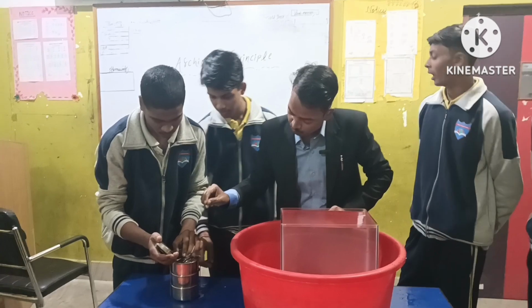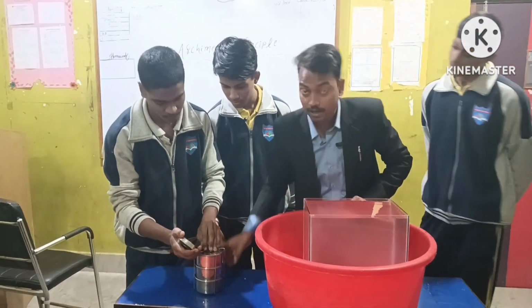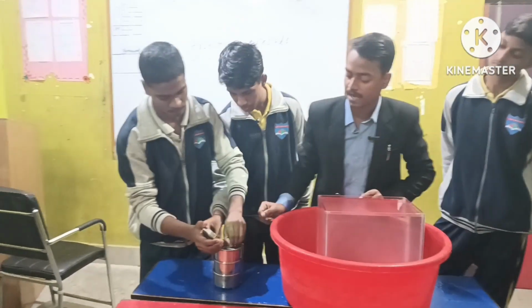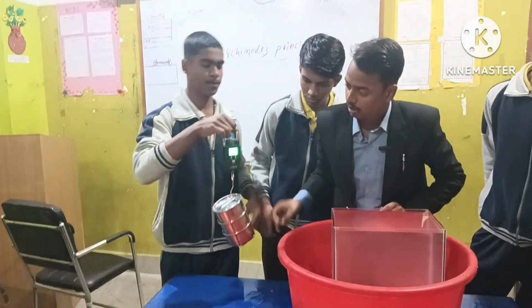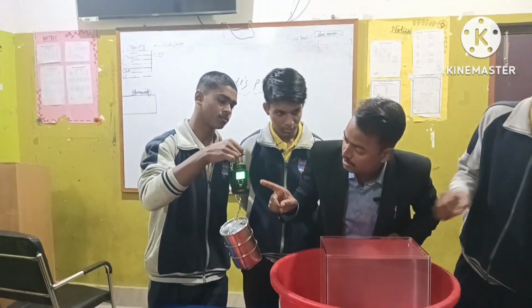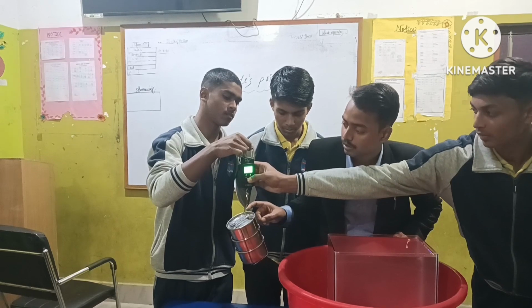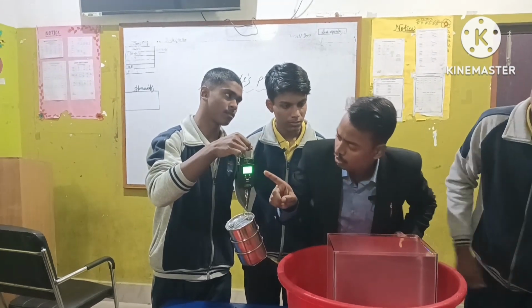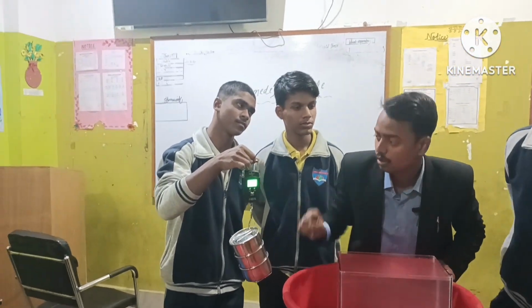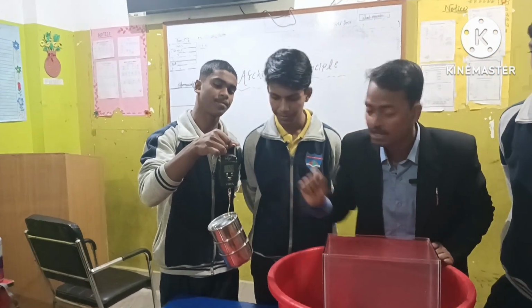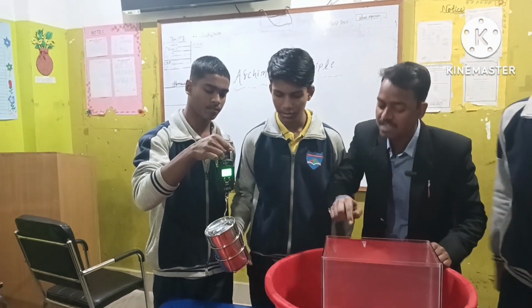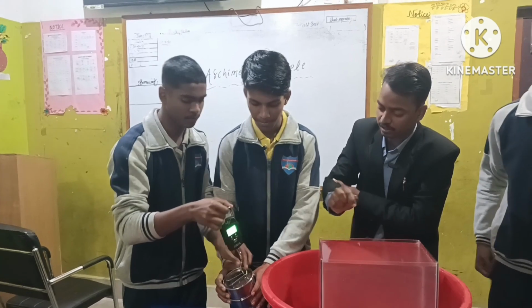You measure the weight of the lunch box through the spring balance in the air. Now its weight in the air is 1 kg 120 gram. Again we measure the weight in the water.